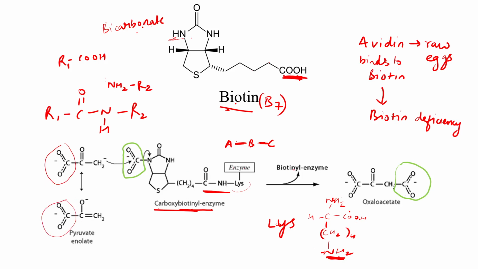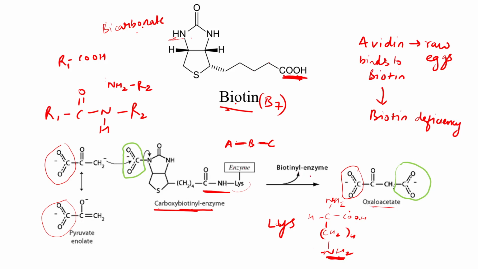Okay. So the resulting molecule that we are getting is oxaloacetate. We have two carboxyl groups at the terminal ends and a COCH2. So from pyruvate enolate we are getting oxaloacetate by a biotinyl enzyme.